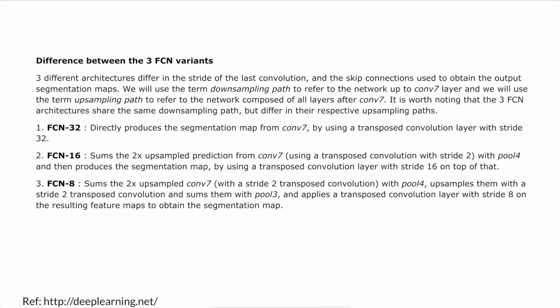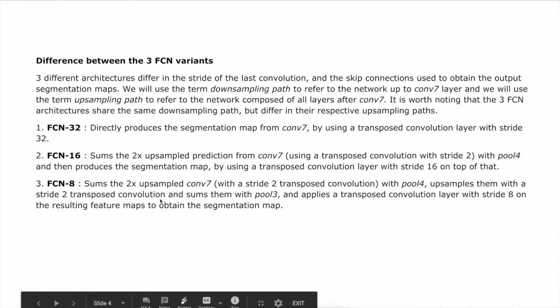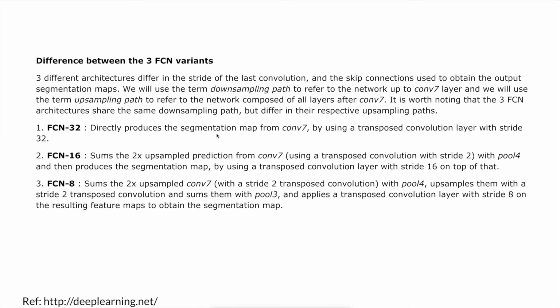Finally we get some feature map. I will explain it in the diagram also, but the basic idea is that we are changing the stride size. So FCN 32, 16 and 8 mean we are finally using a stride of 32, 16 and 8, and there are other differences also.